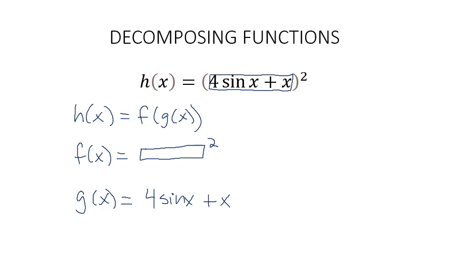So instead of box squared, it's going to be x squared. So f of x is x squared, g of x is 4 sine x plus x. When I compose these two functions, when I take g of x and I put it inside f of x, I get this function, h of x, which is equal to 4 sine x plus x all squared.